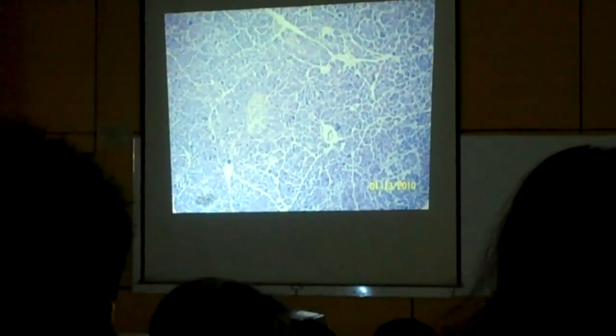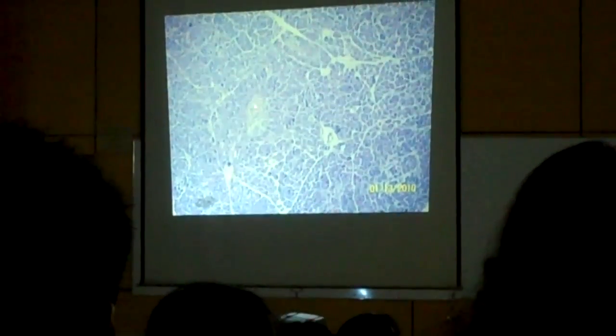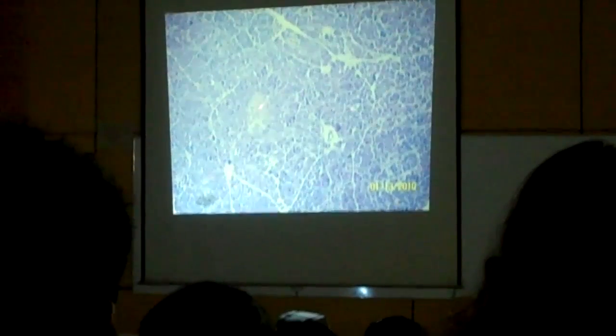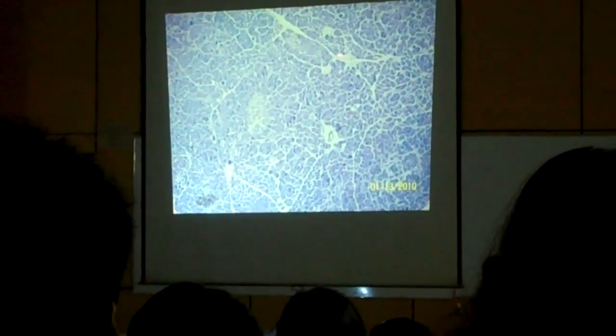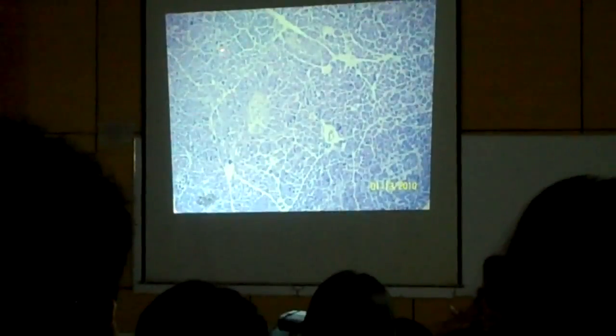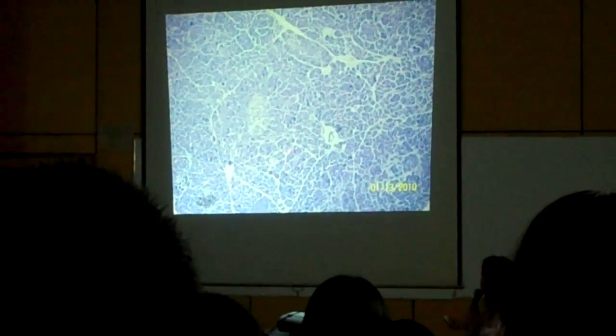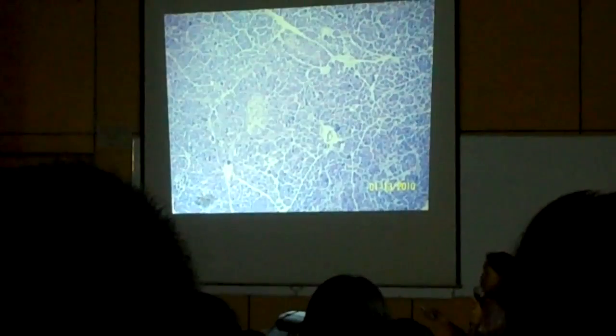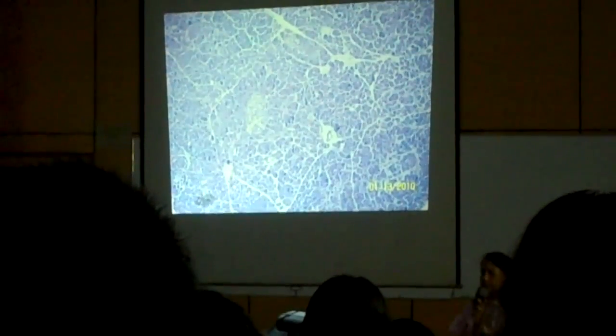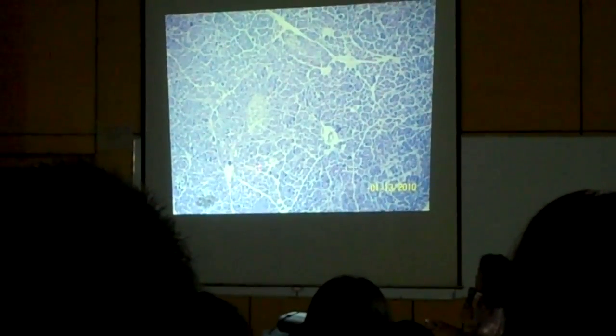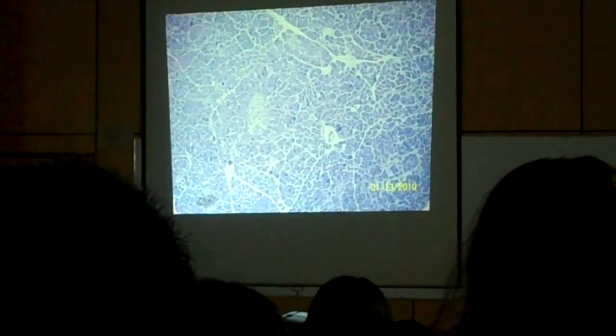Pancreas. This is the pancreas. What are these? Those are islets of Langerhans. Besides the islets, you have the acini. The only endocrine portion are the islets; the acini are the exocrine part of the pancreas.